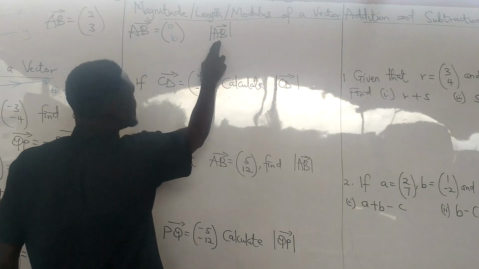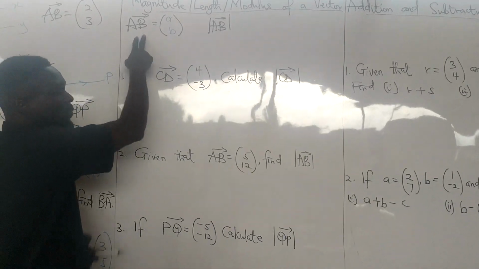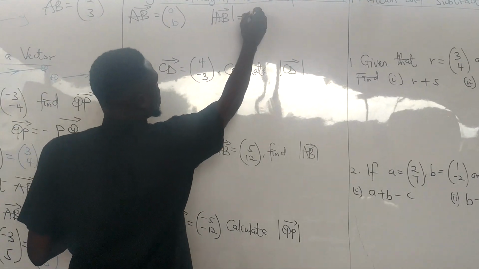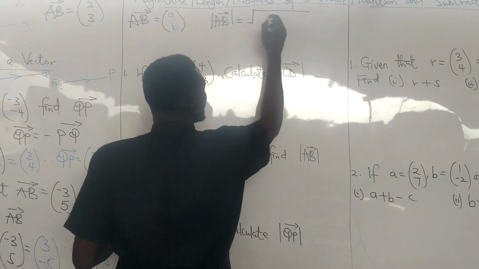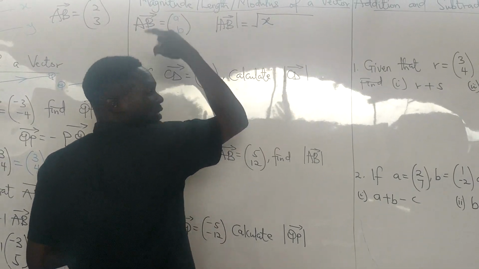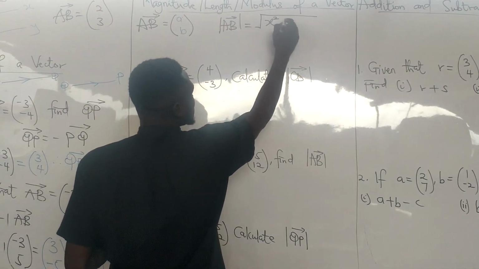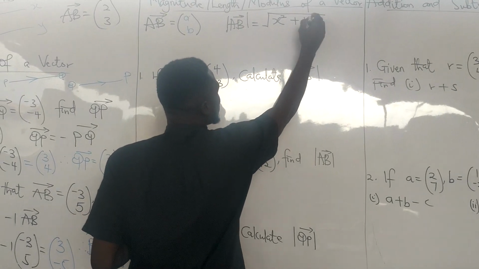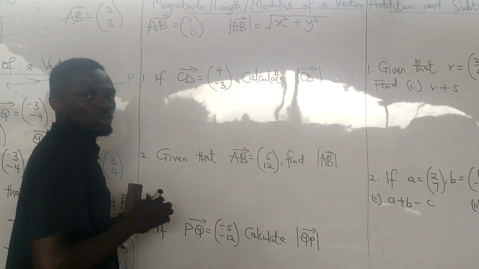So to calculate the magnitude of any vector, we say it is the square root of the x component of the vector squared plus the y component of the vector also squared.